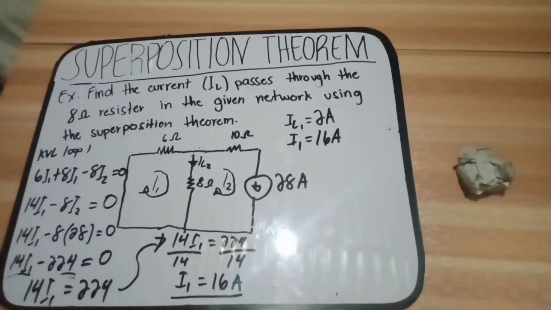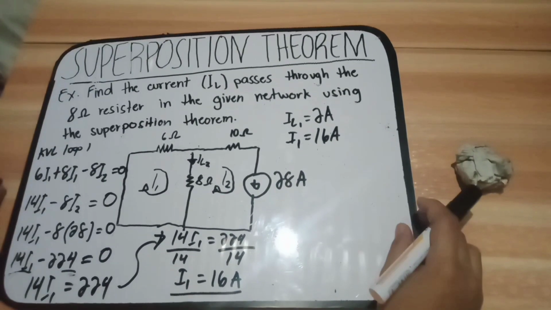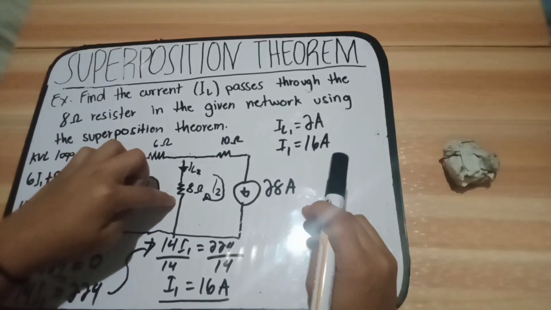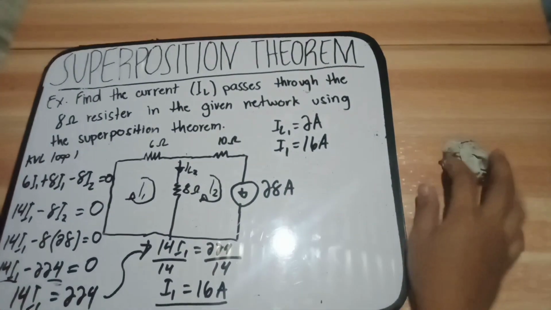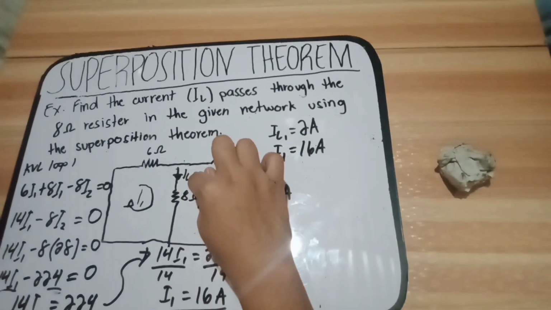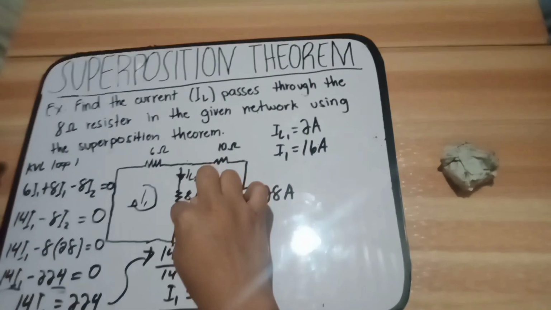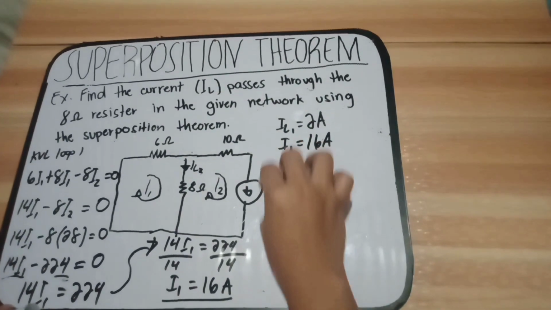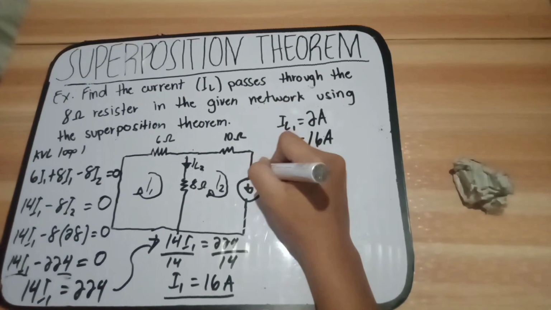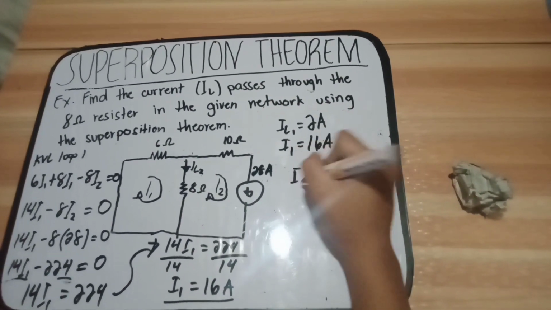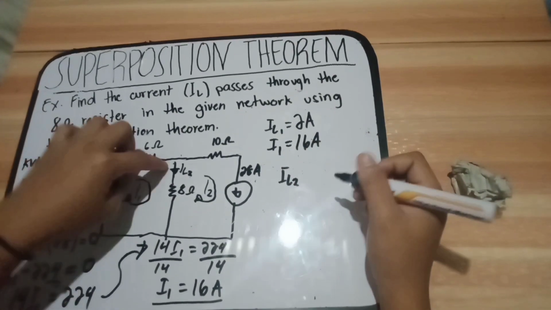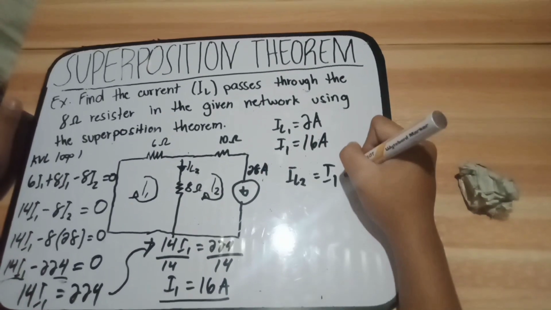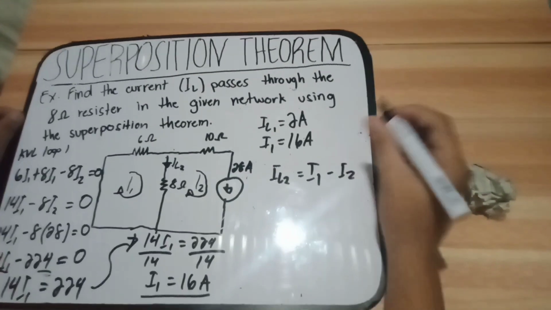Ngayon, ang hinahanap natin is IL. So, now, the 8 ohms resistor's branch is common in both loops. So, we need to find the resultant current IL2 that passes through the 8 ohms resistor. Palitan lang natin tong 28 ampere. IL2 is equal to, ito magiging formula, I1 minus I2.